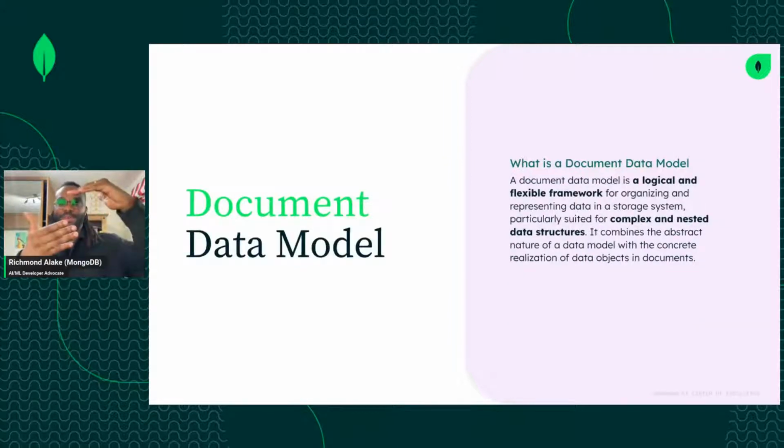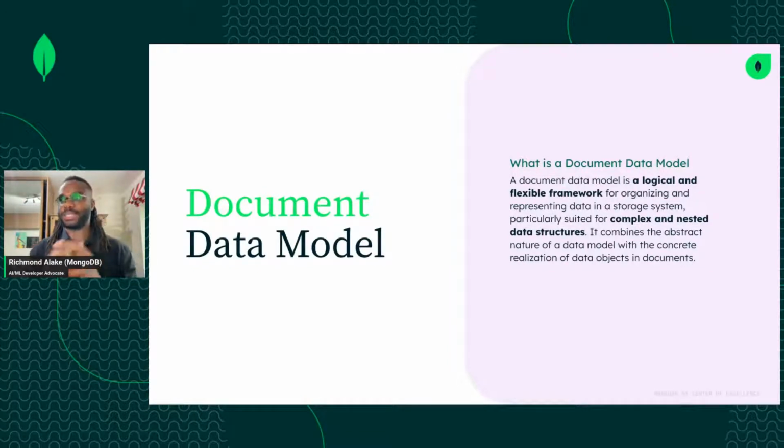So if you then put the two words together, we can understand what a document data model is, which is a logical and flexible framework for organizing and representing data in a storage system. It can store complex and nested data structure, and that's what a document data model is.